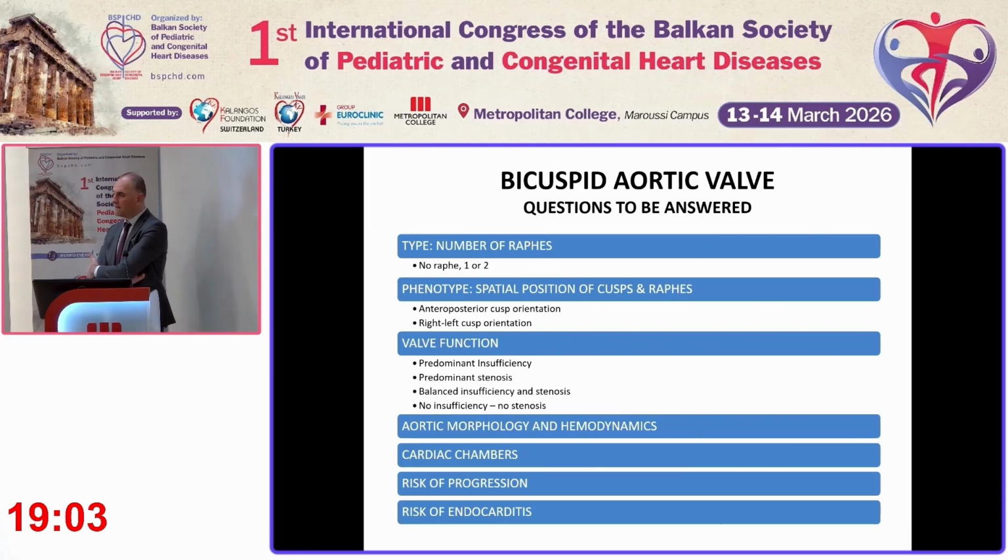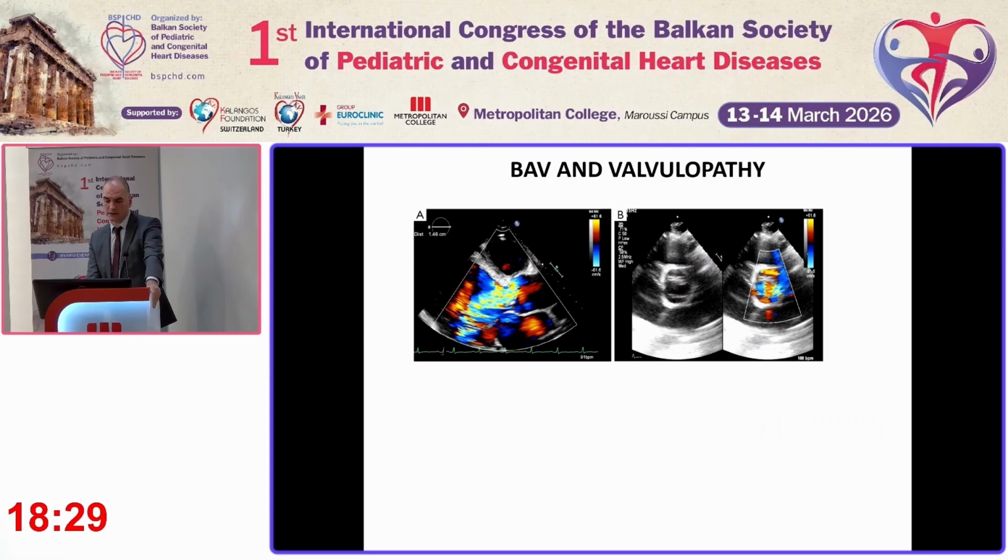Also, the effect of that on the cardiac function, any remodeling or dysfunction. And also the aortic morphology and hemodynamics, any concomitant aortopathy. With this, as we'll see later on, we can have an estimation of the risk of progression, and then the outcomes, so prognosis, risk of progression, and risk of endocarditis as well.